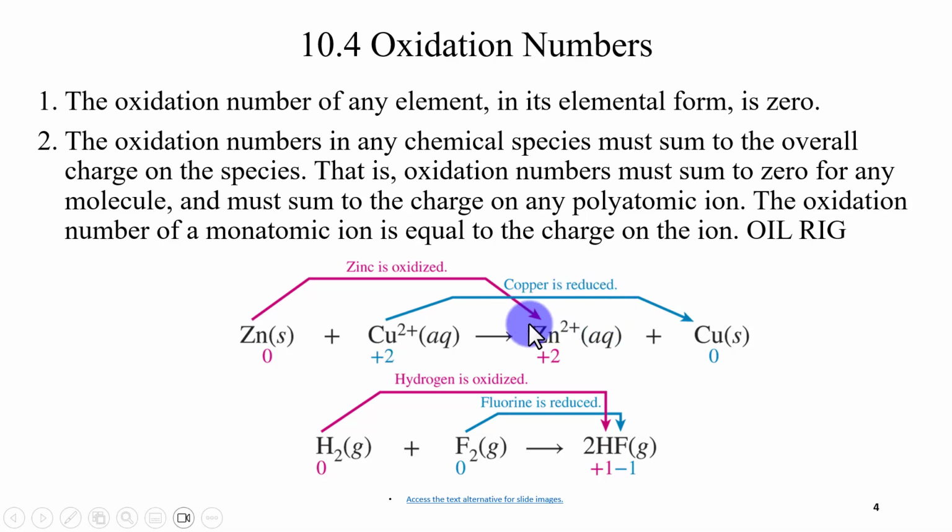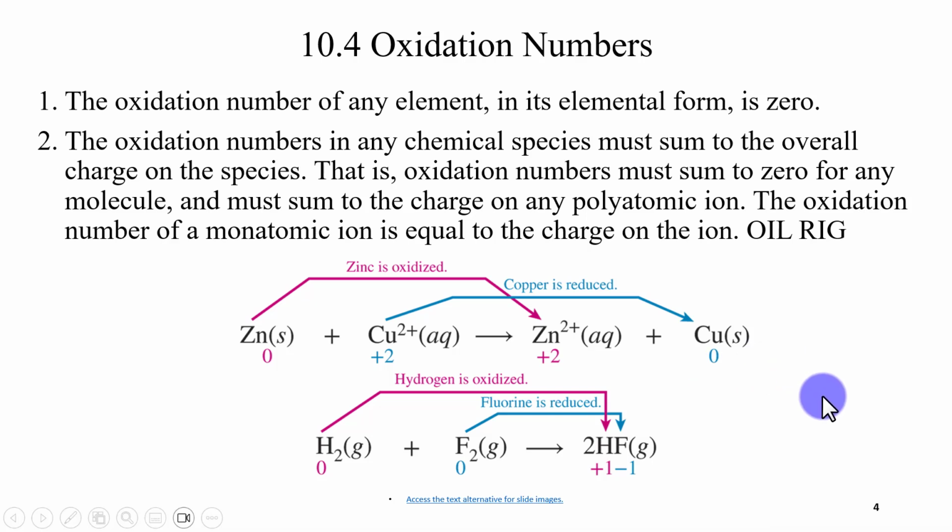Now, what is happening is that zinc is coming out in solution as a 2+ ion, and copper is being deposited as copper solid, as it appears in the periodic table in its elemental form. So copper is going from +2 to 0. Since it's becoming less positive, from +2 to 0, 0 is less positive than +2.